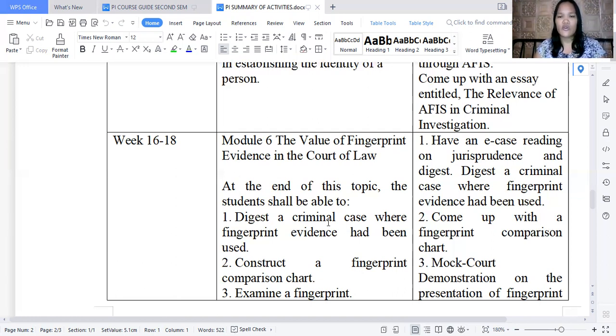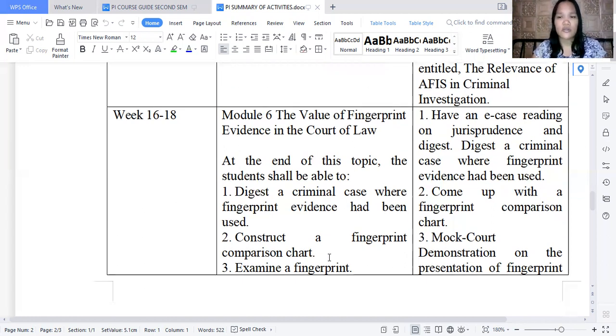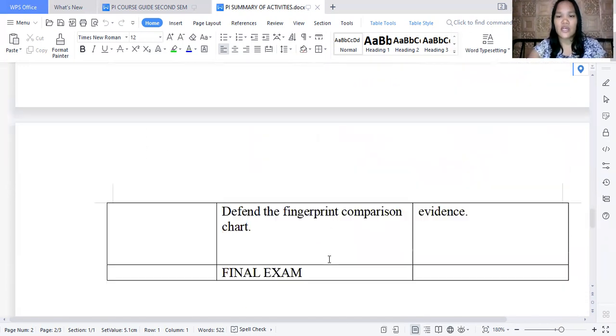The mock court will also be undertaken in class, of which there is the demonstration and the presentation of fingerprint evidence. So all of these things are expected in this subject, personal identification.